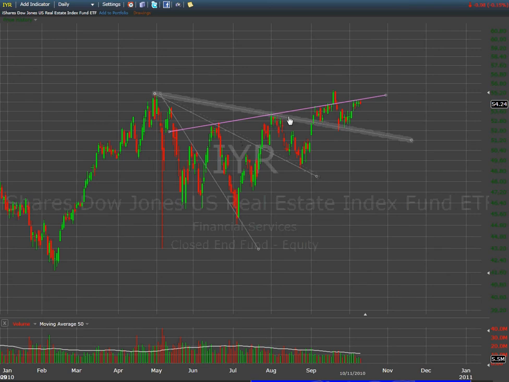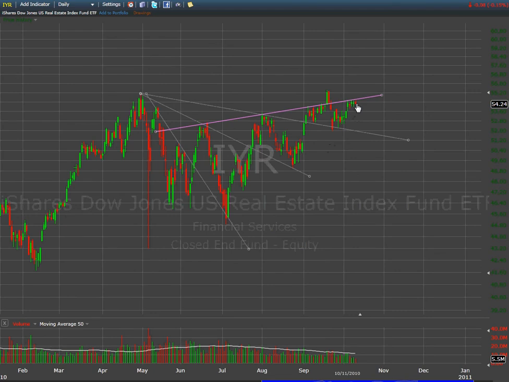We broke that neckline, and then we came back for this back test. Now we're hanging around on the bottom side of that same neckline. The $64,000 question is, is this going to break up again over this neckline, and are we going to continue to move up?